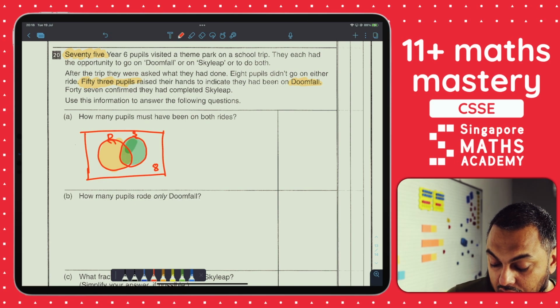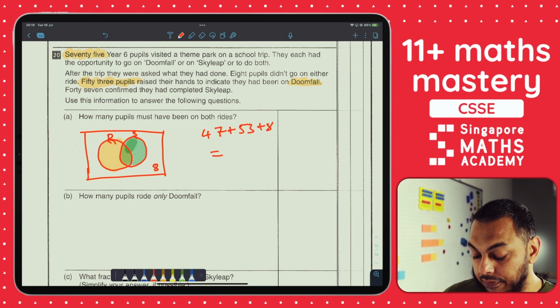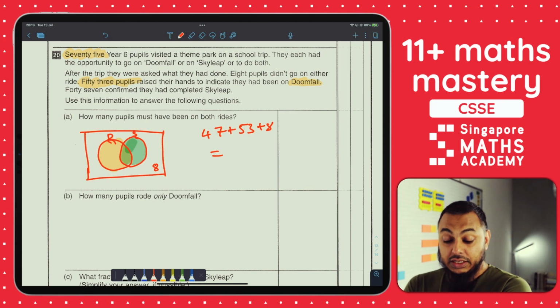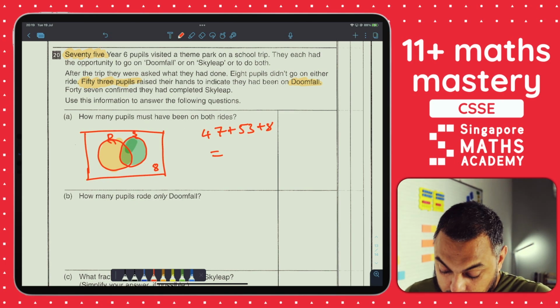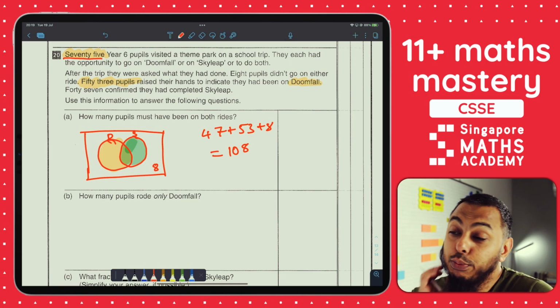That makes it a bit tricky because if we add 47, isn't it? 47 add 53, add 8 all together. 47 add 53 is going to be 108 plus 8, 116. But it's only 75 pupils here.